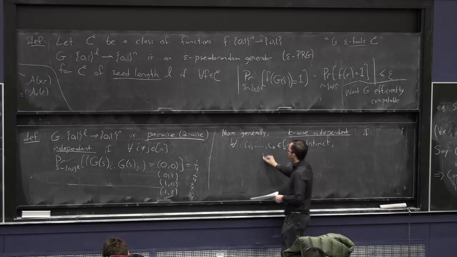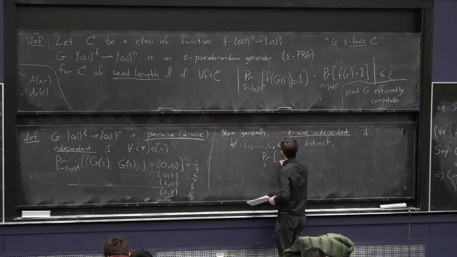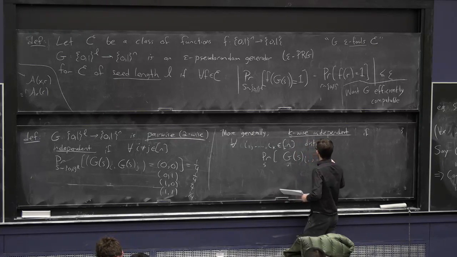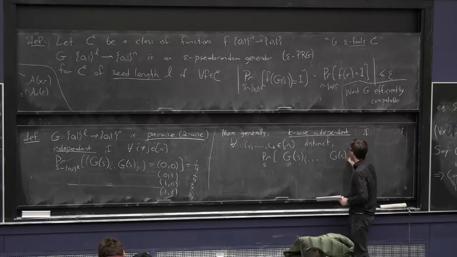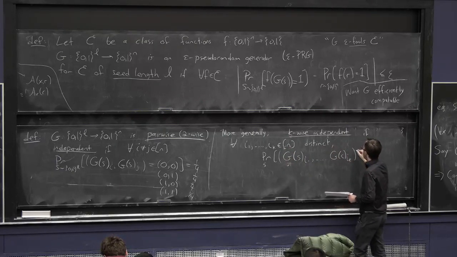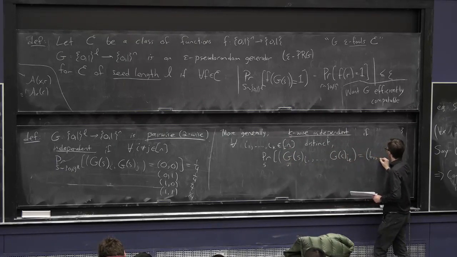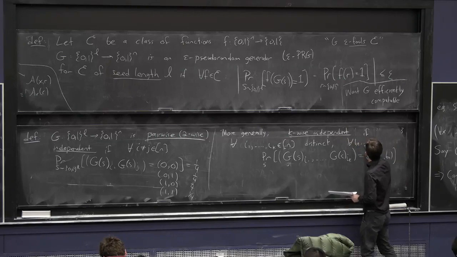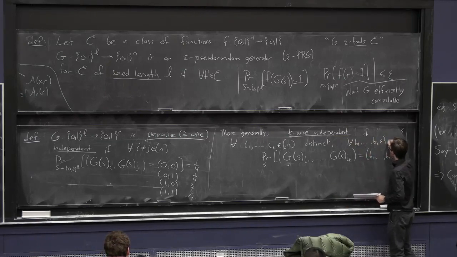Namely, the probability, when you draw the seed at random, that G's output in positions i1 through ik equals a fixed vector of bits b1 through bk is equal to 2 to the minus k.